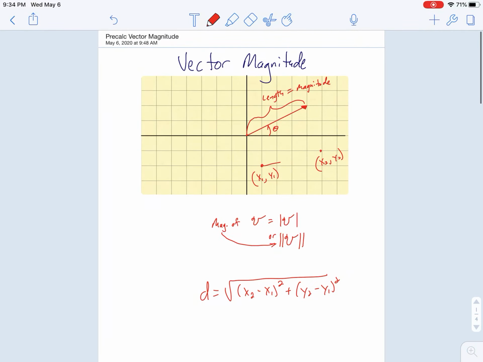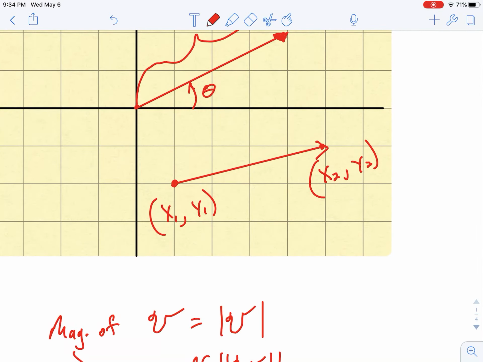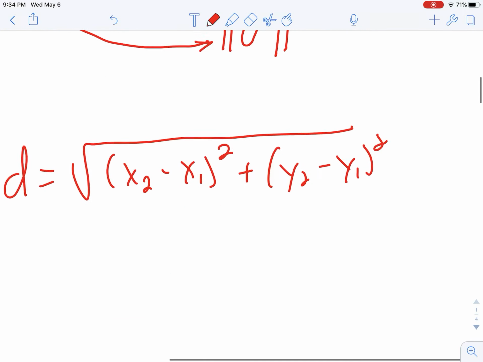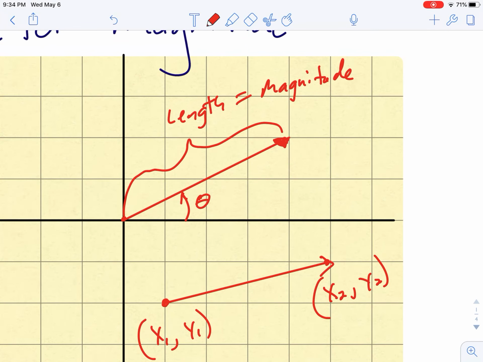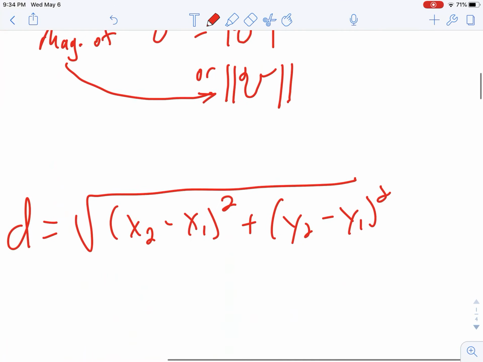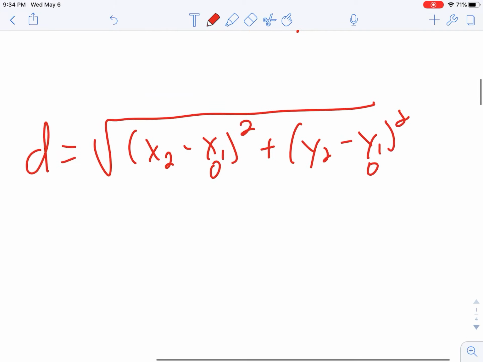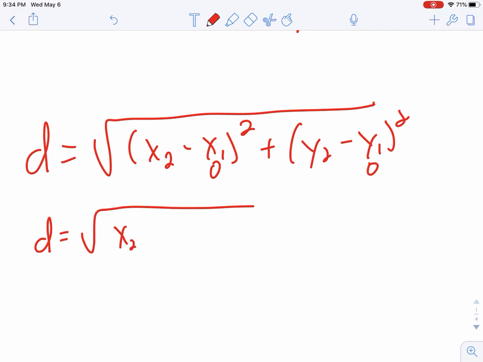If you have the kind of vector where they give you the initial point and the terminal point, you would just plug those numbers into this formula. If you have a component vector, or one that's in the ij form, where one point is always the origin, you can just say that 0, 0 is always that point, and when you subtract 0, nothing happens. So your distance formula becomes the square root of x2 squared plus y2 squared. So it's essentially just the Pythagorean theorem.